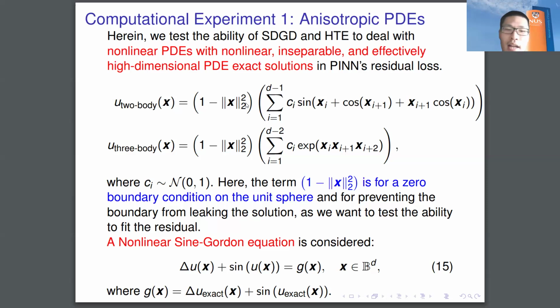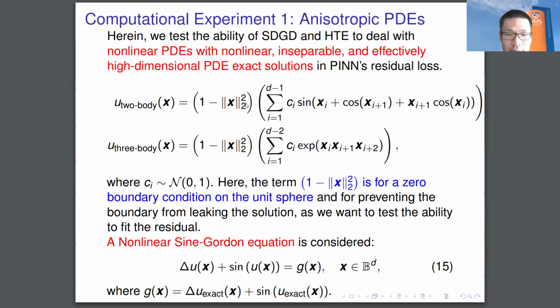Also, in a high-dimensional setting, it is important to maintain a trivial boundary. Otherwise, the boundary is actually the d minus 1 dimensional unit sphere. If we have a non-trivial boundary condition, then training on the boundary may be enough. So it is important to maintain a zero boundary condition for a fair comparison. We want to focus on the fitting of the residual.